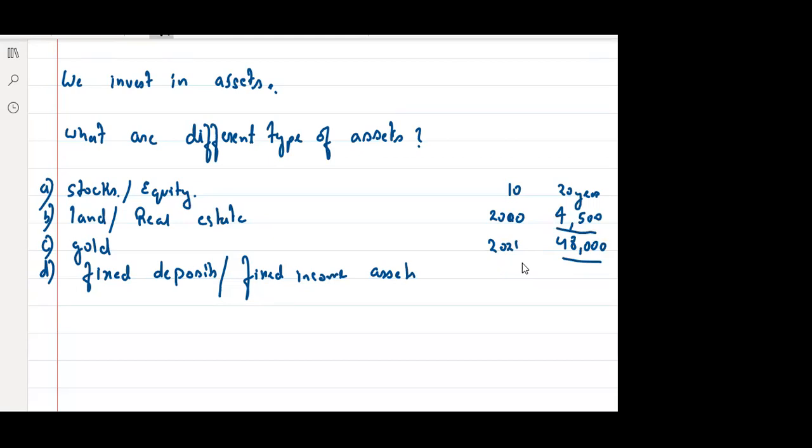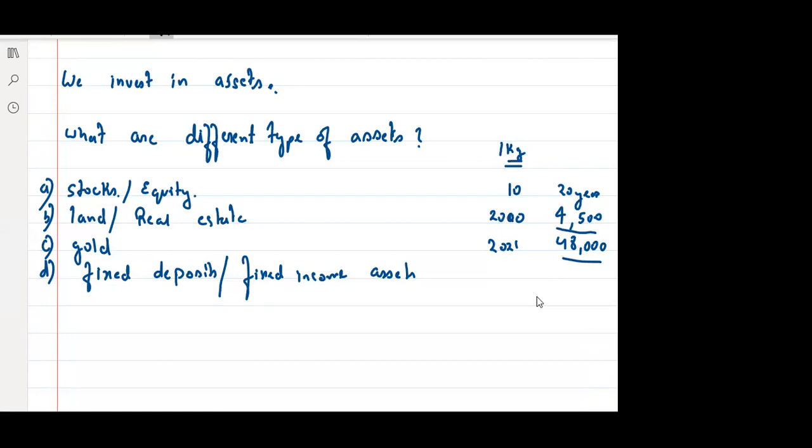So obviously, is this an asset or a liability? Asset. Suppose you have bought 1 kg of gold. Sir, if we sell the gold we bought about 10 years ago now, it will go for a good price.